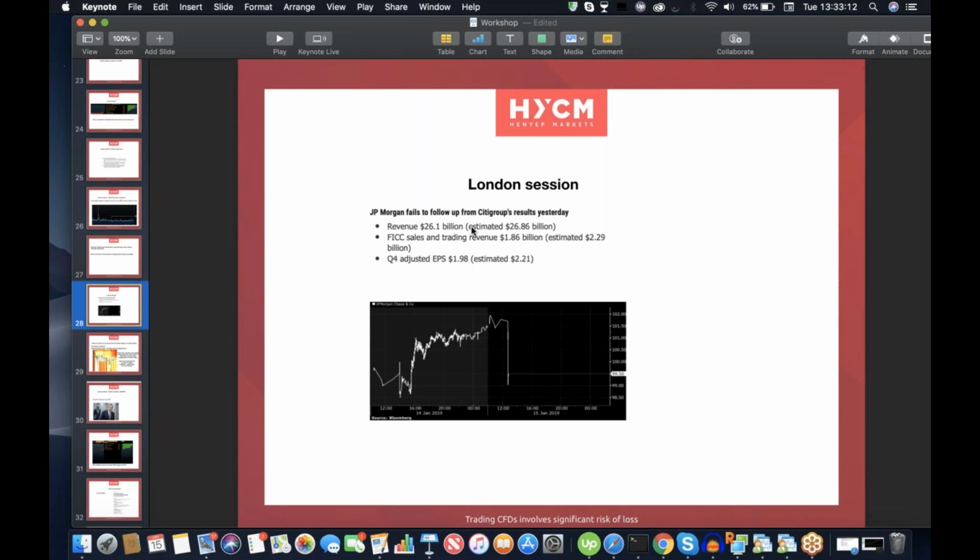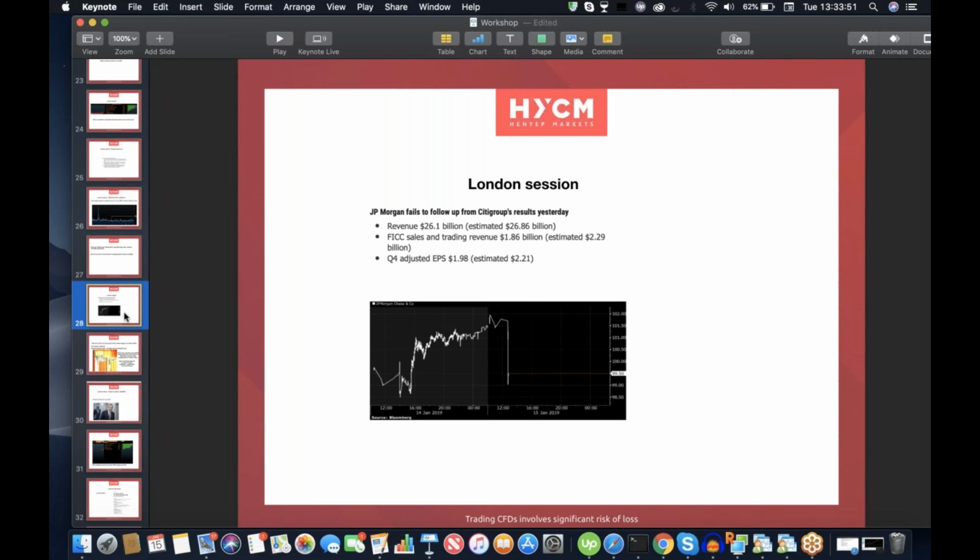However, what happened, JP Morgan released some of their latest figures, and their revenue was 26.1 billion, down from expected 26.86 billion, and that means their sales and trading revenue were down 1.86 billion versus 2.29, and their Q4 adjusted figures was 1.98 versus a 2.21 estimate. So this was JP Morgan's share price, and it dropped quickly on this news, and so this affected sentiment later on in the London session.